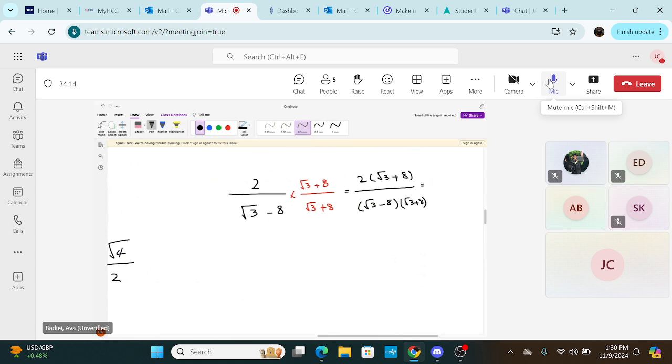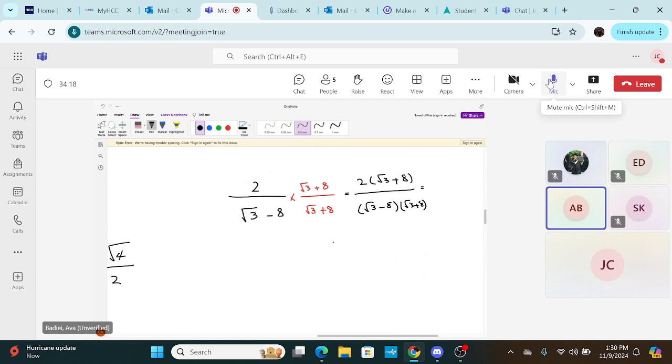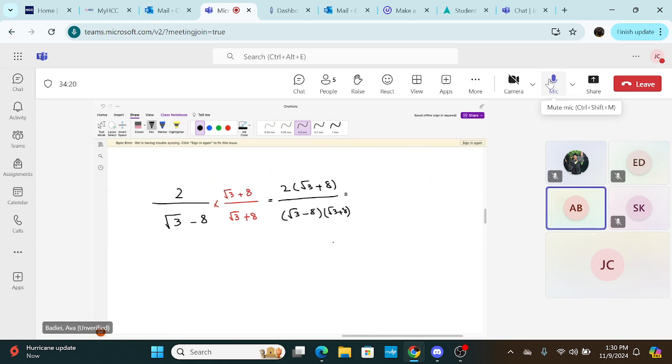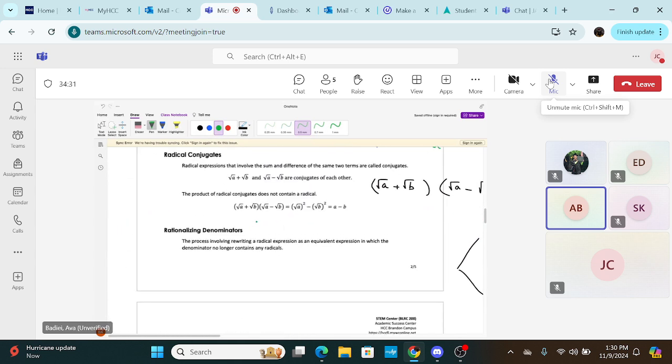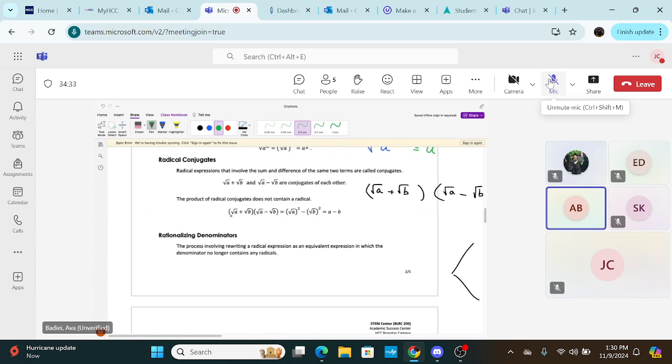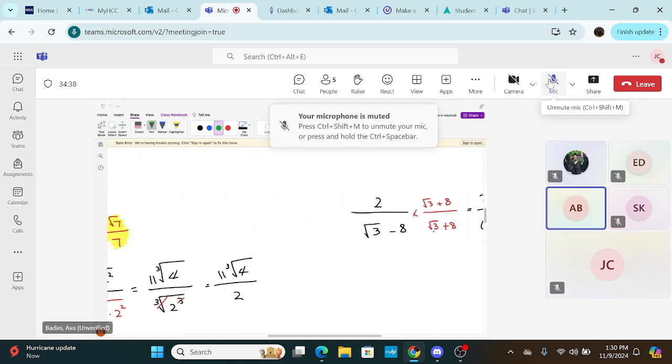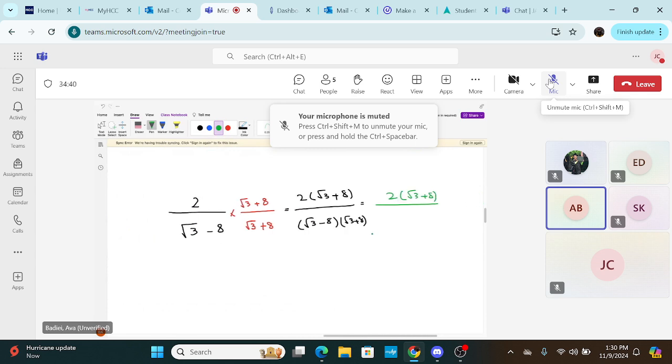Why did we change the sign again? For the 8 positive? It's a very good question, and you're going to see right now what happens. 2 square root of 3 plus 8. So if you remember from multiplying conjugates right here, when you multiply the conjugates, you're going to have the first term squared minus the second term squared.